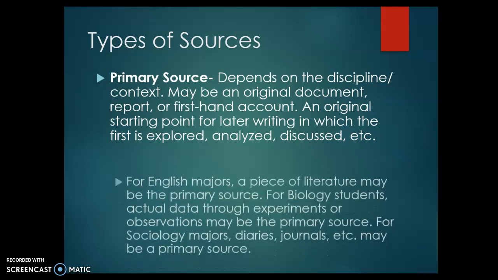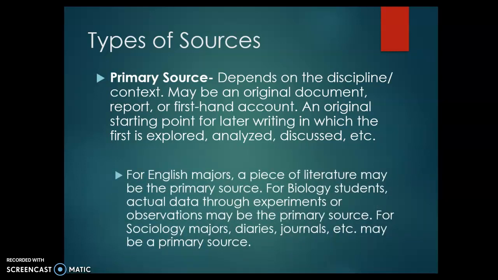So when we look at primary sources, for instance, for English majors, a piece of literature that someone may be analyzing would be the primary source. For biology majors, actual data or results of an experiment or observations from an experiment may be the primary source. For sociology majors, diaries, journals may be a primary source.